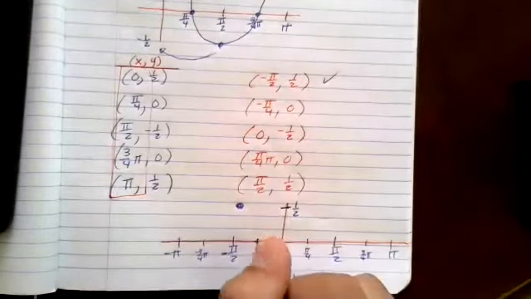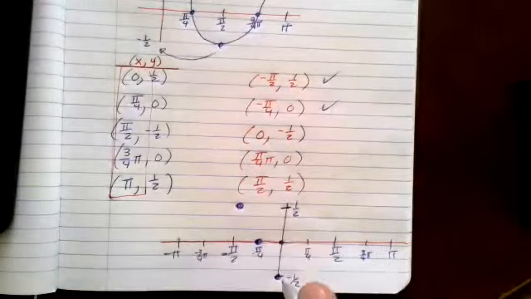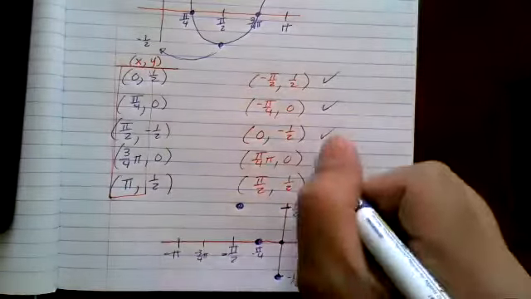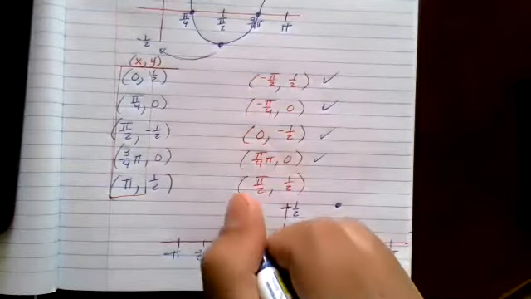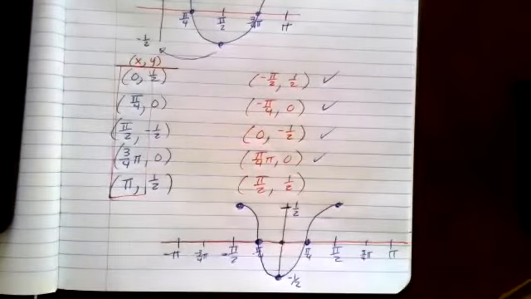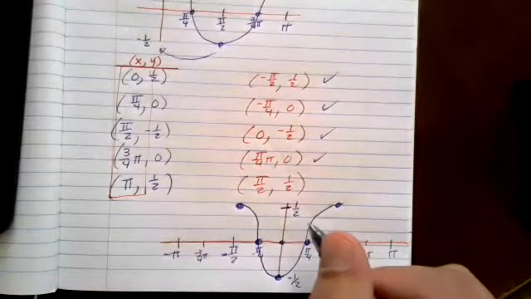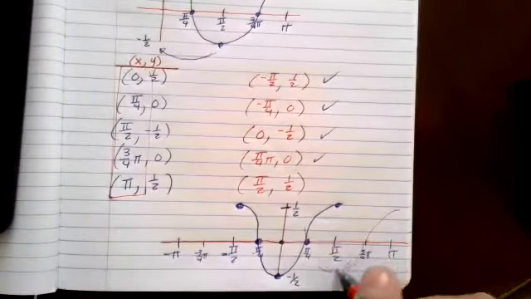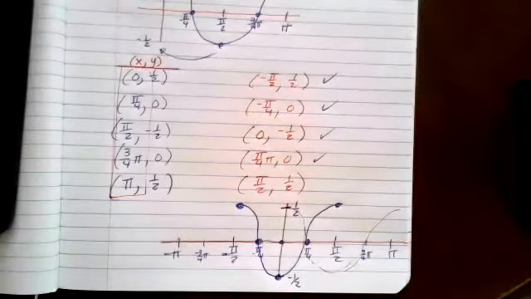Negative 1/4 and 0. 0 and 1/2. 1/4 and 0. And 1/2 pi, 1/2. So we could see how it shifted from where it once was over here, right? It has moved 1/2 pi to the left.